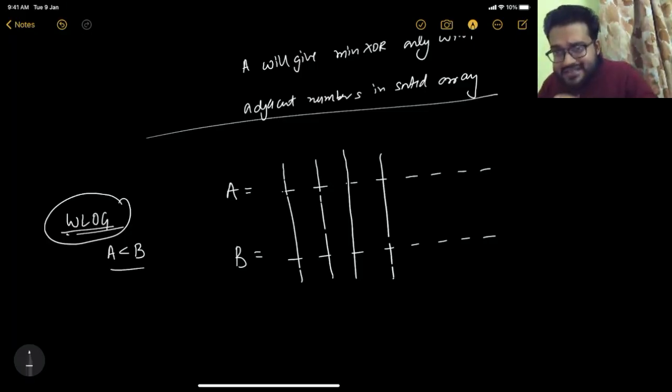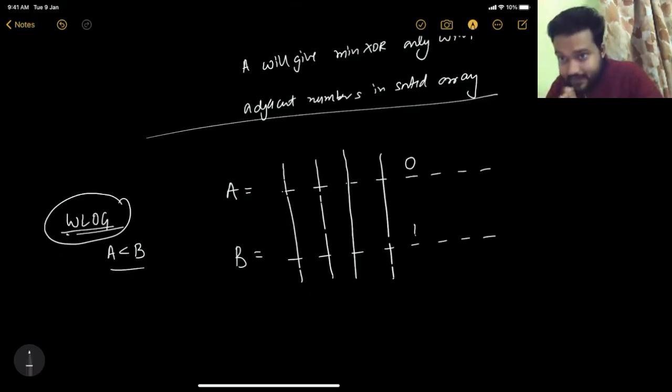That's great. I am now making a claim that let's try to prove this by contradiction. So I will say, no, my claim is false. It can be a case that A can still give me the minimum XOR with a number other than B. How many of you appreciate this? If I want to prove this by way of contradiction, I will say that no, I am not satisfied with this claim.